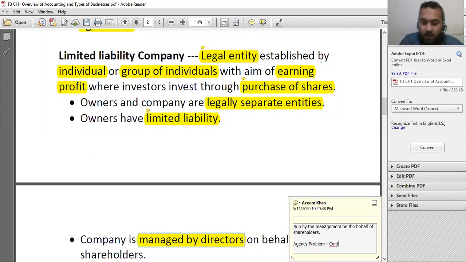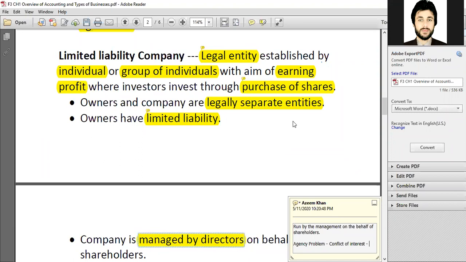And what is the agency problem? That is the conflict of interest. Can someone explain this to me? How will conflict of interest come in the case of a company? The managers, the directors, want to get more salary, and the shareholders or the owners of the company need to earn profit.